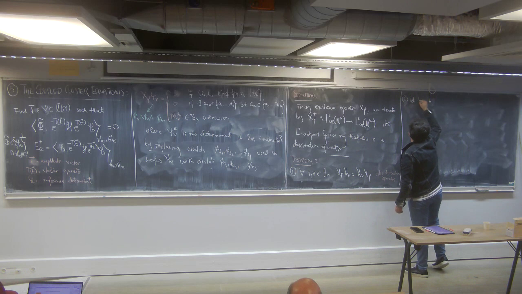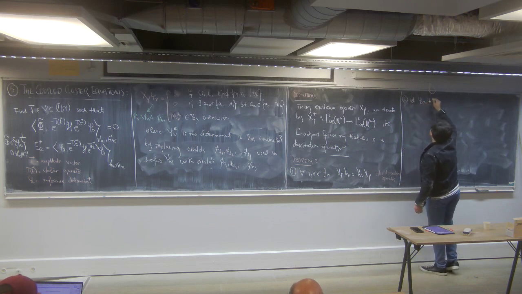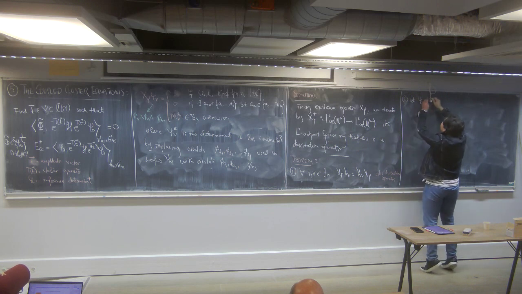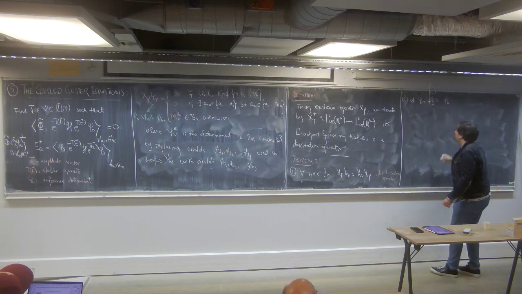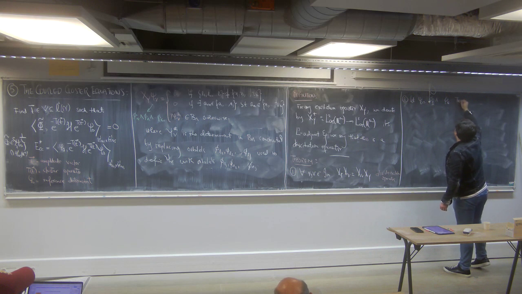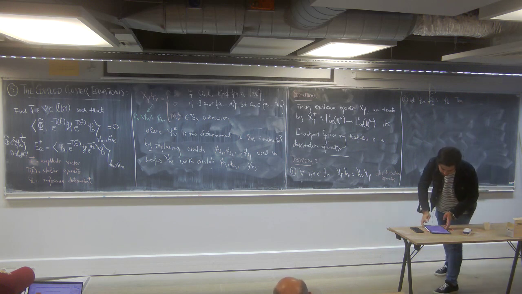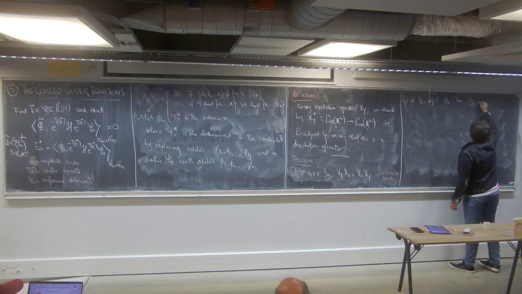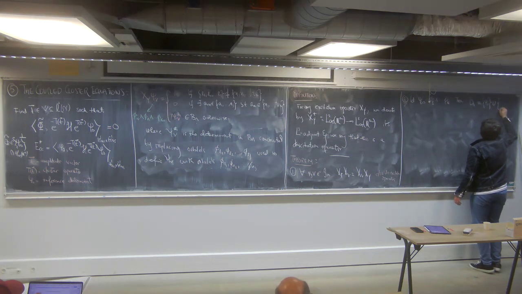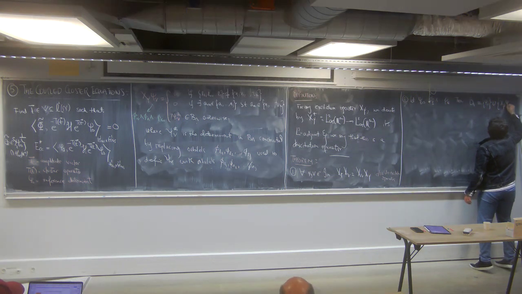So if I define psi 0 to be the Slater determinant constructed from the first n orbitals, then B wedge, our basis set, is nothing else than psi 0 union all possible excitation operators acting on psi 0.